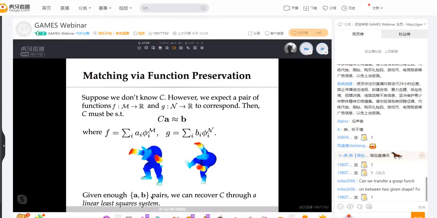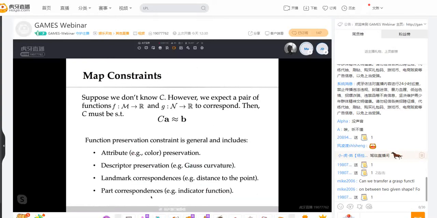And this kind of constraint is actually quite general. So, for example, if you have some attribute defined on the shape, like color or texture, you can convert it into this function preservation constraint. Also, if you have some descriptors, there are different kinds of descriptors that have been proposed in the past, and you can typically convert them into this form that basically expresses them as functions on surfaces.